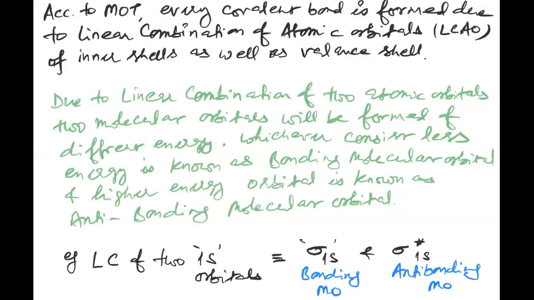If you see a pictorial representation of the energy of orbitals and linear combination for two 1s orbitals, on this axis we take energy.